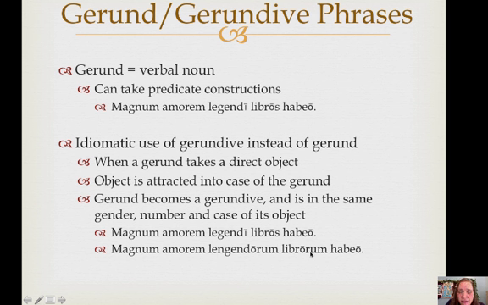So we now have a genitive ending on both the gerundive and the object of the gerundive. And we know that we should translate this reading books because we have a genitive plural ending on there. So we get the case of what the gerundive phrase is going to become from the case of the gerund, or what the gerund should be, but we get the number based on the number of the object, okay? So we know that we should translate this, I have a great love of reading books, okay?